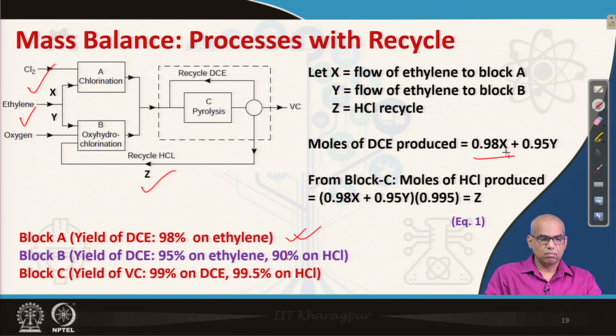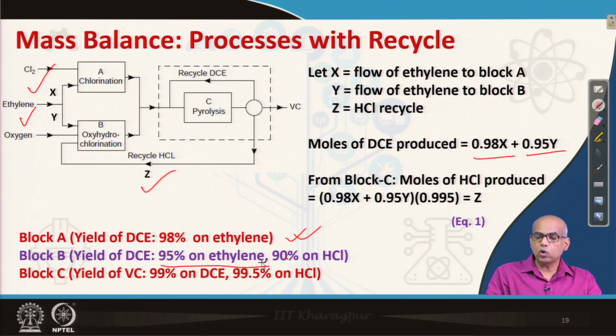So, you get 0.98 X. X is the flow of ethylene to block A. So, you get 0.98 X dichloroethane. Similarly, you get 0.95 Y dichloroethane, because Y goes to block B, where the yield is 95% on ethylene.